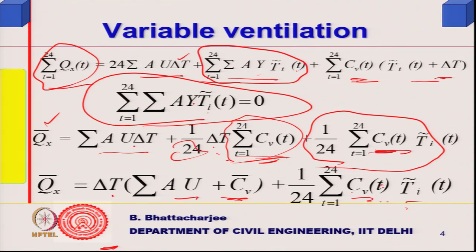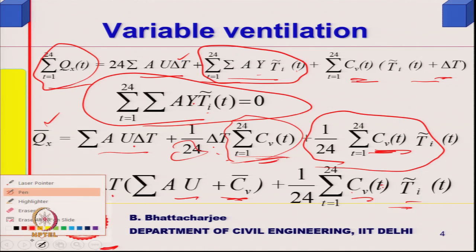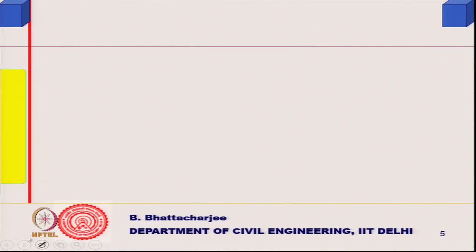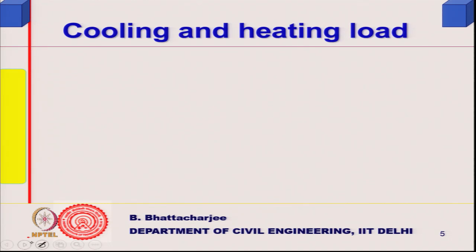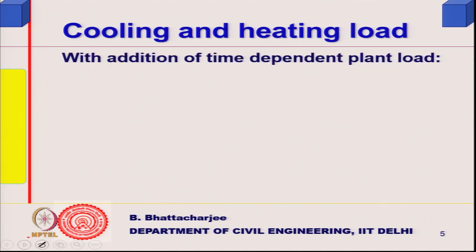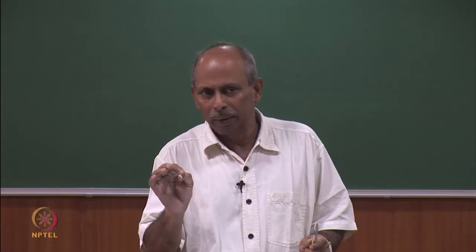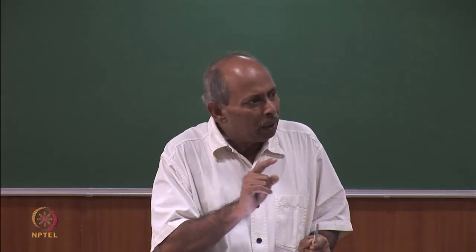For the 25th equation you will get it, and 24 equations earlier I said. So, total 25 equations you will be getting, and you can solve all those 25 equations and find out the swing at every time plus the mean. There are 24 equations because Cv varies at every hour, so for each hour you will get one equation.